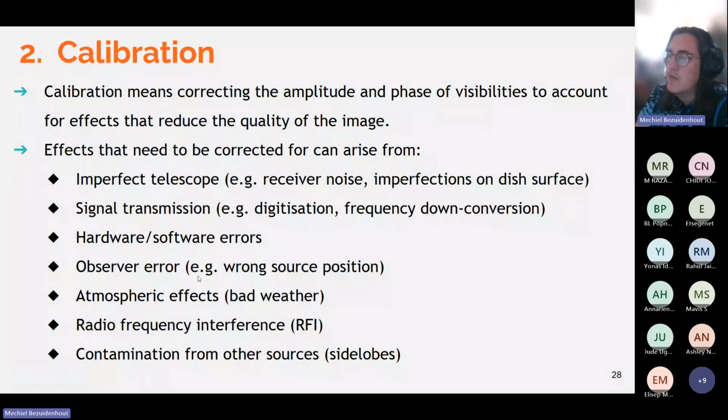And then also atmospheric effects like bad weather and RFI, radio frequency interference, also cause problems in your image. And then there can be contamination from other sources, from the side lobes of the telescopes, that can be introduced to your image, but you can correct for those using calibration.